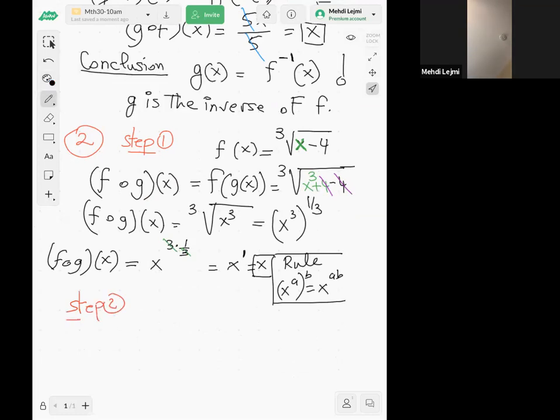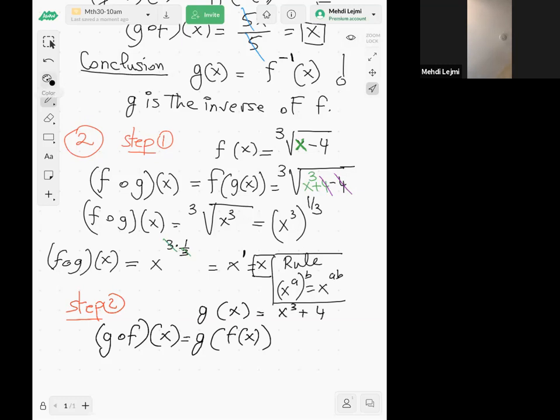So in step 2, of course, we're going to compute g composed with f of x. It's g of f of x, right? And my g is actually x cubed plus 4. So I'm going to substitute this x here with f of x.